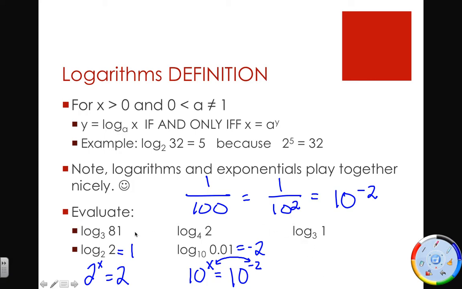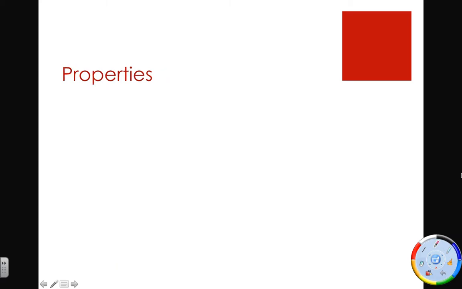All right, and actually the last three statements here actually come up in our properties. Very important properties here. The first of which being log base A. Doesn't matter what base you're dealing with. It could be a billion, it could be a half, whatever. Log base A of 1 is always equal to 0 because anything to the 0 power is always equal to 1.